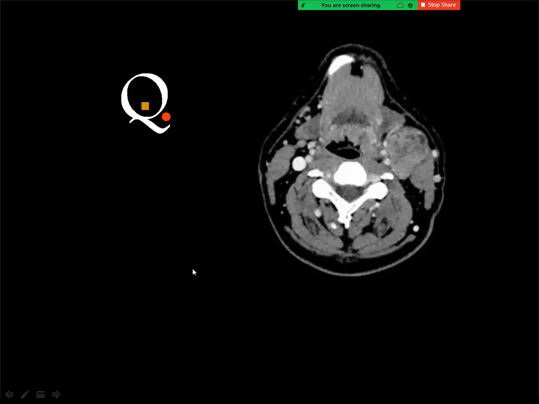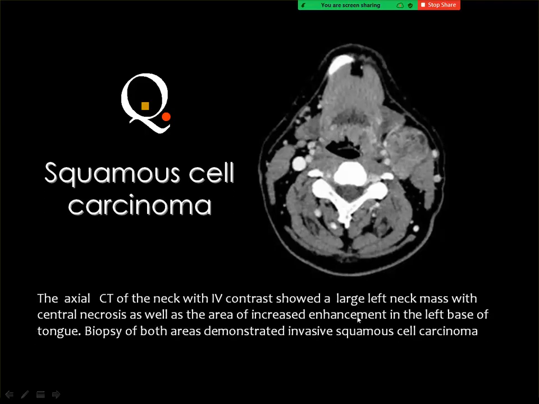And of the two possibilities, carcinoma and lymphoma, you should select carcinoma because carcinoma is much more common than lymphoma in the head and the neck, of course. And this was a squamous cell carcinoma in this particular place.